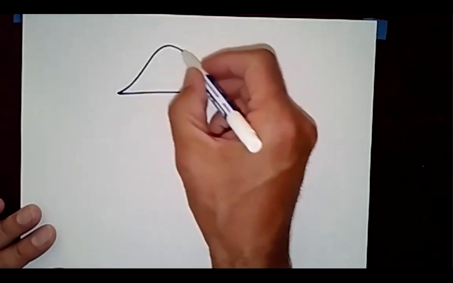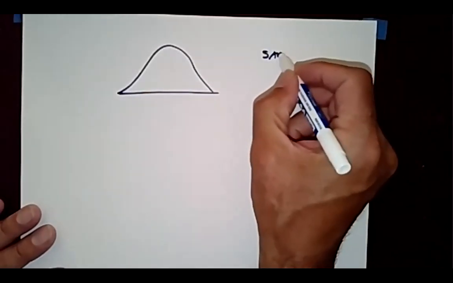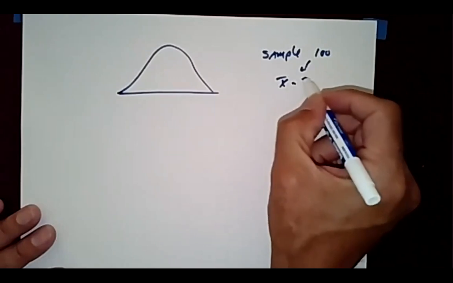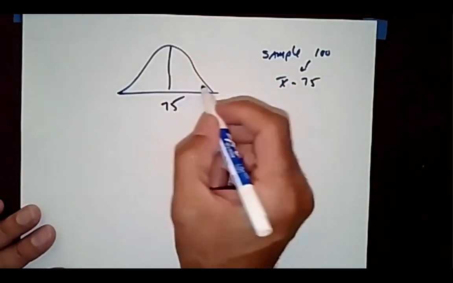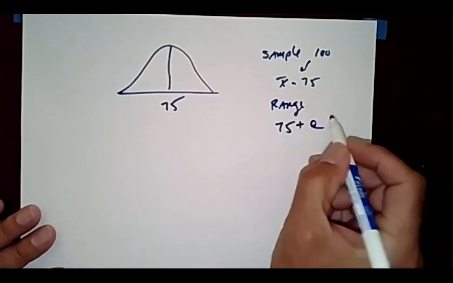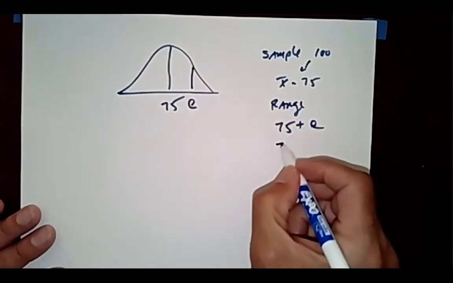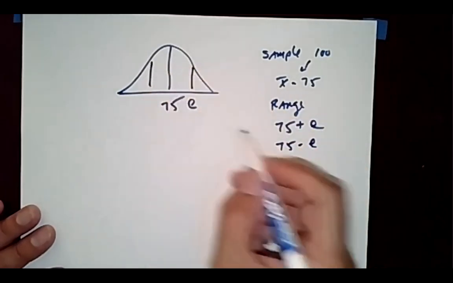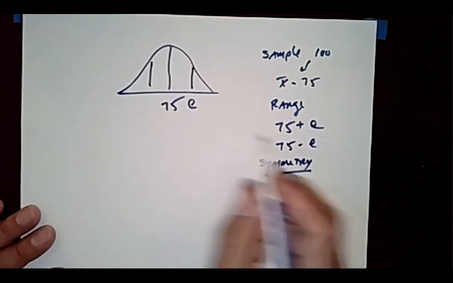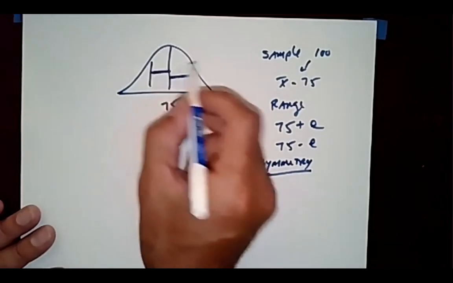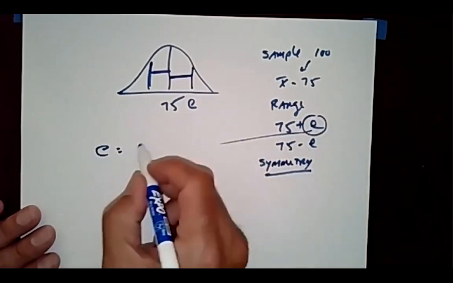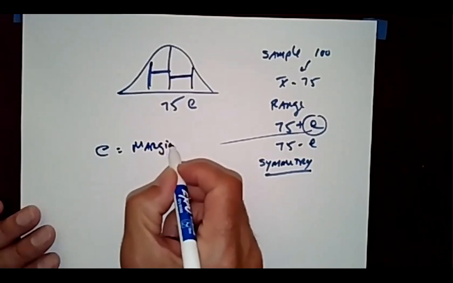So again, if you sample 100 people and find X bar equals 75, the range is 75 plus E, 75 minus E. Symmetry: this area here has got to equal that area there. They've got to be symmetrical. And this here, E, is known as the margin of error.